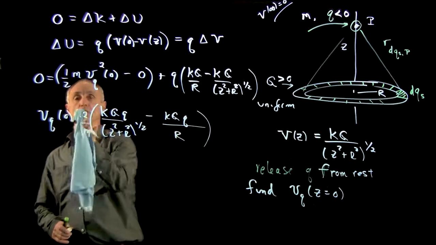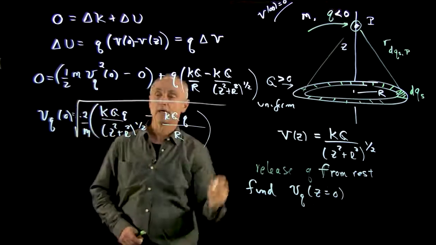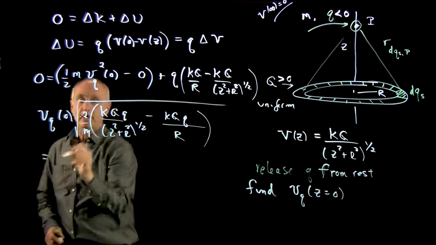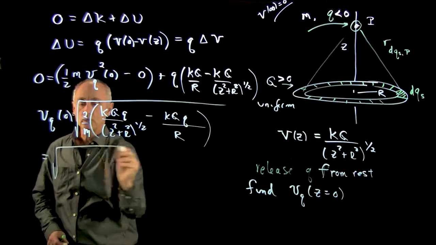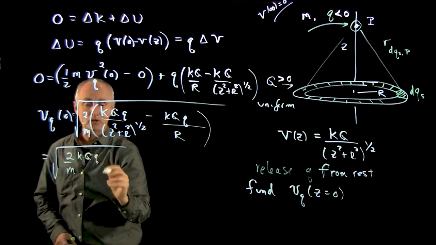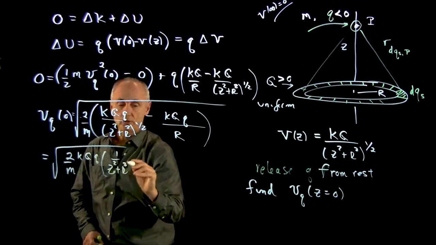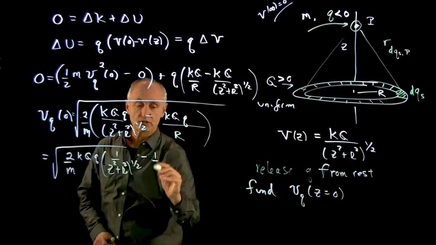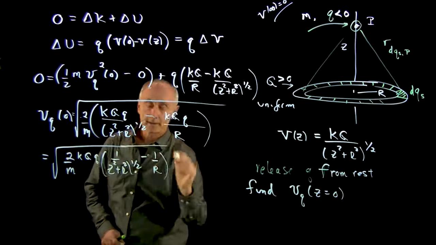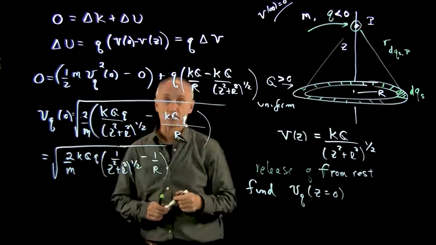And we're just taking the square root of this entire quantity. And I can simplify that to be the square root of 2 over m. Let's pull out all the common terms, and I get 1 over (Z squared plus R squared) to the 1/2 minus 1 over R.